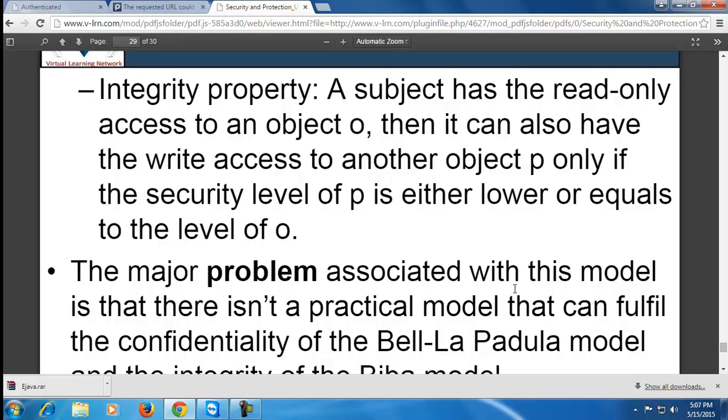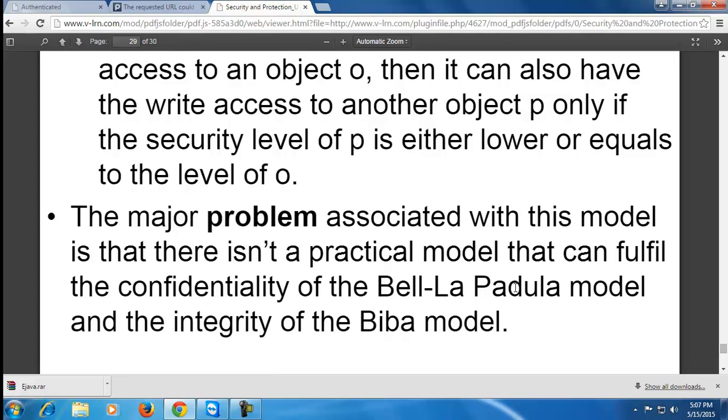The major problem associated with this model is that there is no practical model that can fulfill both the confidentiality of the Bell-LaPadula model and the integrity of the Biba model. So all these models provide mechanisms for security, for prevention of our files from unauthorized access and loss of information from unauthorized users and hacking.